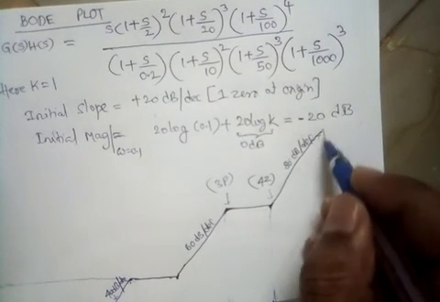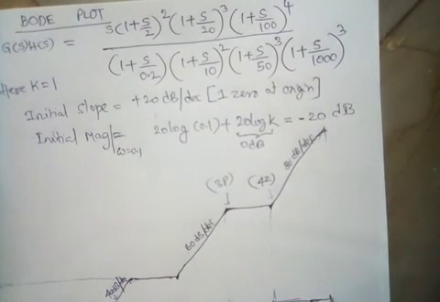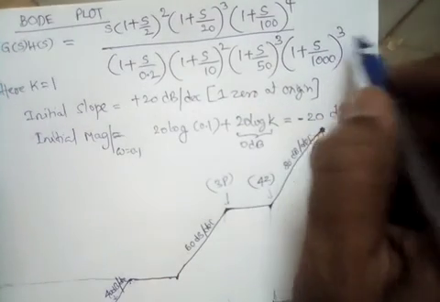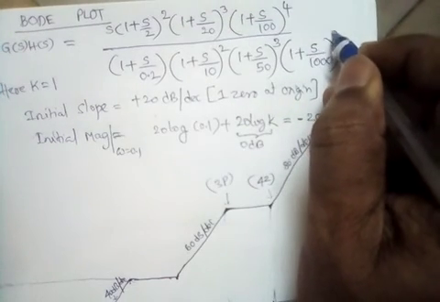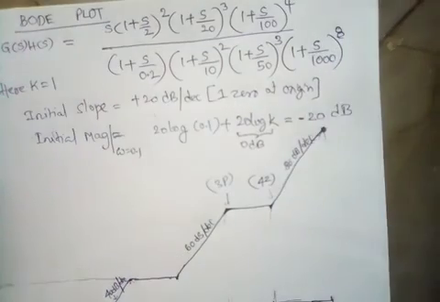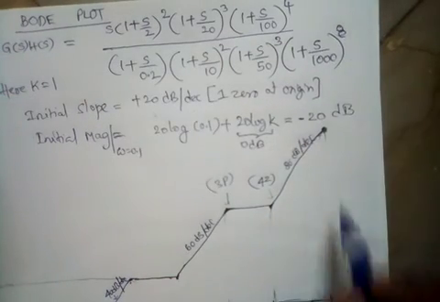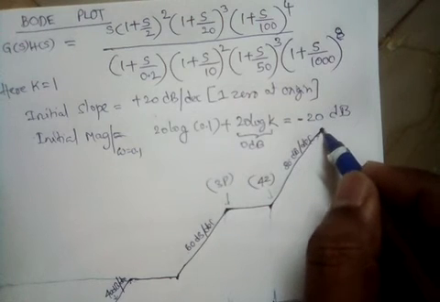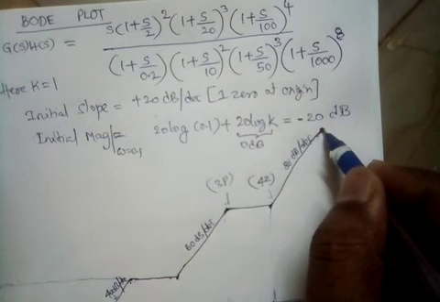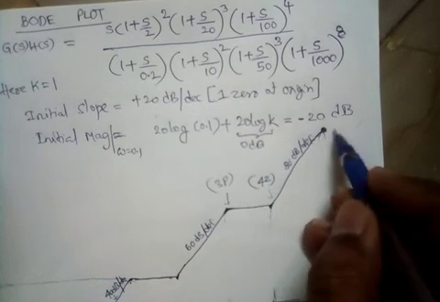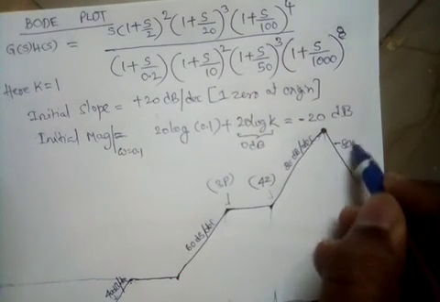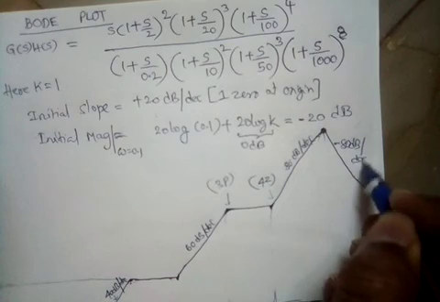At omega is equal to 1000, 8 poles have been added, which means minus 160 dB per decade slope has been added. So 80 minus 160, the resultant slope will be minus 80 dB per decade.